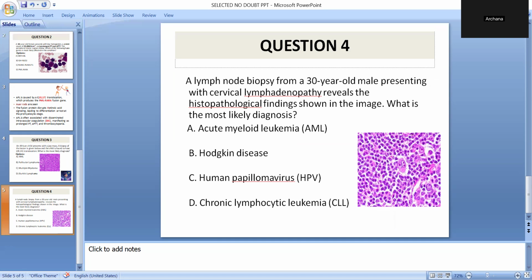What's an owl-eye appearance? Whenever in a cancerous picture, you see a big cell which has exactly 2 nuclei, which are Xerox copies of each other, with prominent nucleoli in between, you know that you're dealing with Hodgkin's disease. So RS cells are a characteristic feature of Hodgkin's disease.